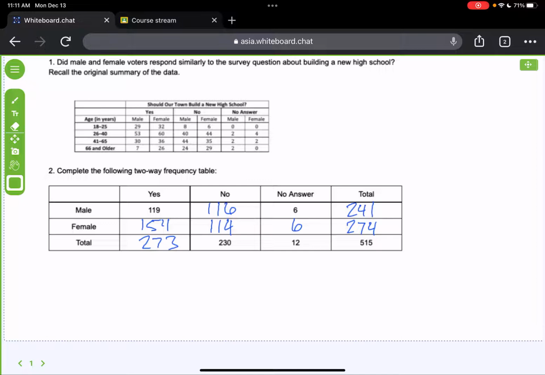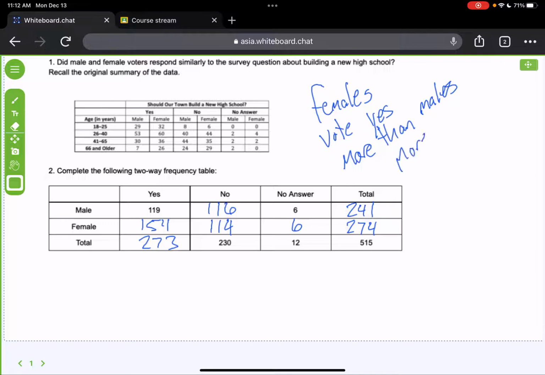So we would say that females voted yes more than males for number 1. There was more of them that voted. So the percentages were probably about the same.